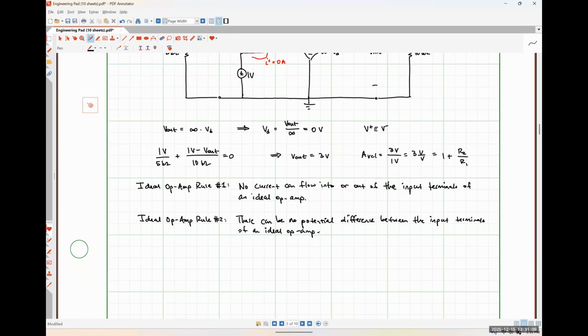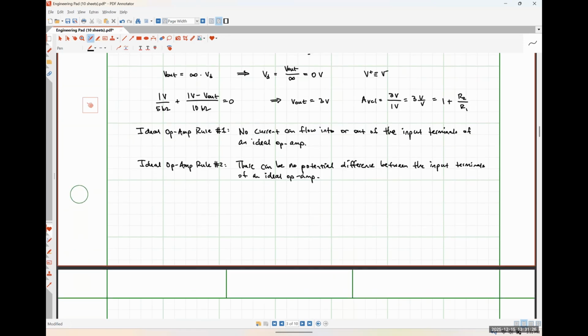So just as a very quick thing, we're going to still get out of here a little bit early. I want us to figure out how much error was introduced by using the ideal op-amp model, okay? So let's say that our percent error is going to be defined as follows.